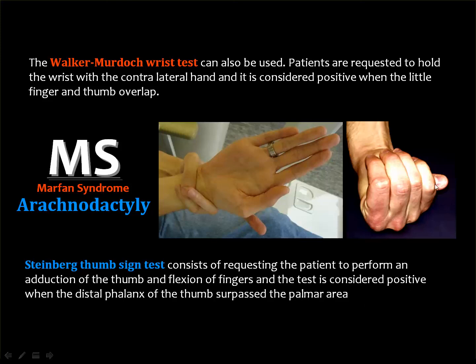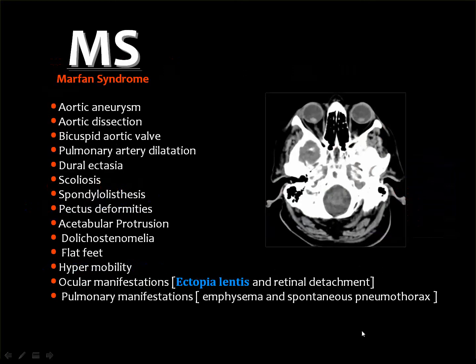As you can see here, if you try to hold your hand like this image, the thumb will never project beyond the little finger in normal conditions, but in Marfan syndrome, you can see this distal phalanx pointed beyond the little finger.